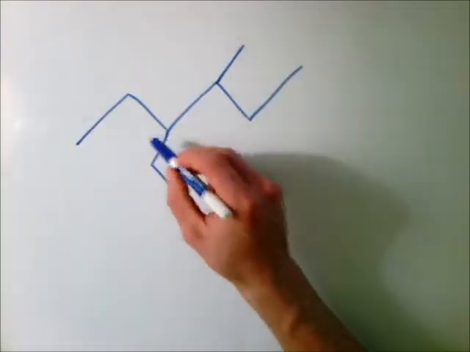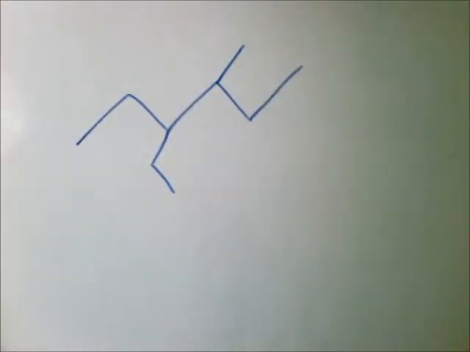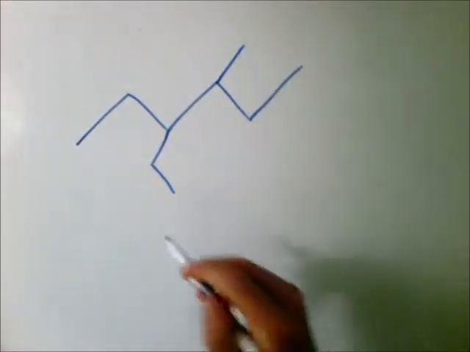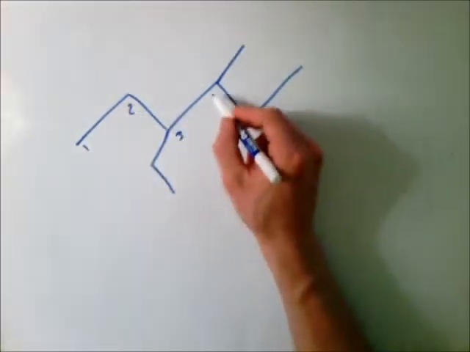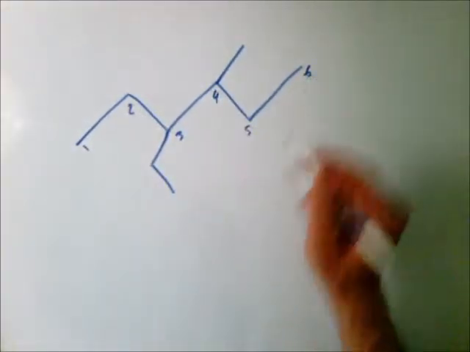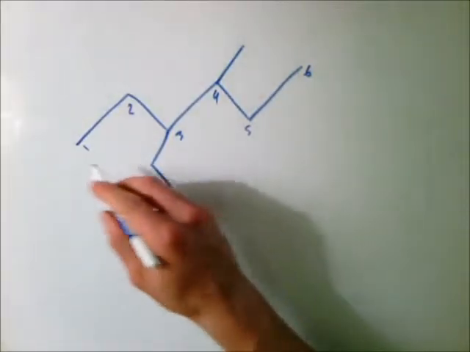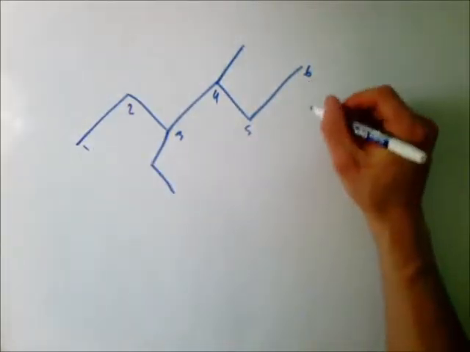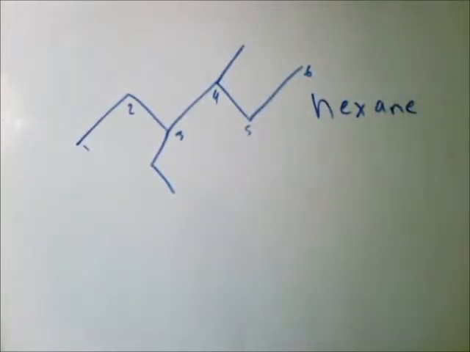So we have an alkyl group here, an alkyl group here, and it's clear that our longest carbon chain will be straight across. So we'll have 1, 2, 3, 4, 5, 6 carbons. And it's all single bonds. The parent name is hex, since there's 6 carbons, so we're going to have hexane as our longest carbon chain.